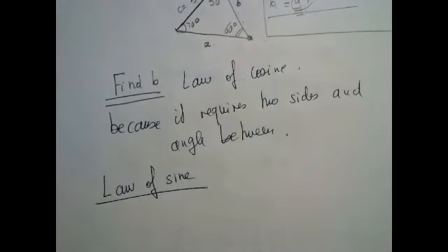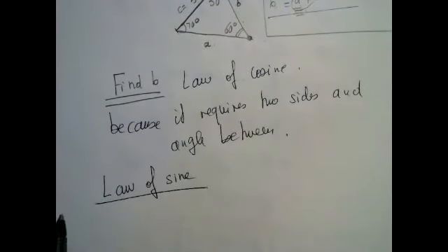It's another law that finds a relationship between the angles and the sine. The law of sine tells me the following. If this is your angle A, this is your angle B, this is your angle C, this is side A, this is side C, and this is side B. The law of sine tells me that the ratio between the sine of A and the side opposite to it is a constant ratio.